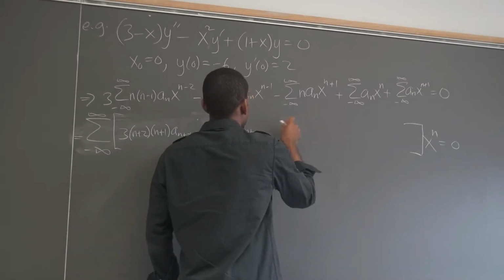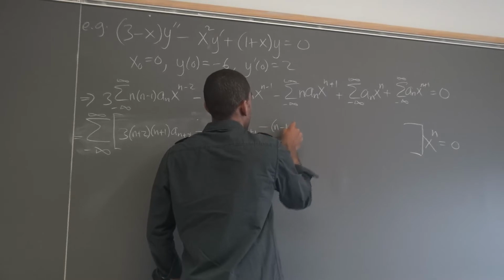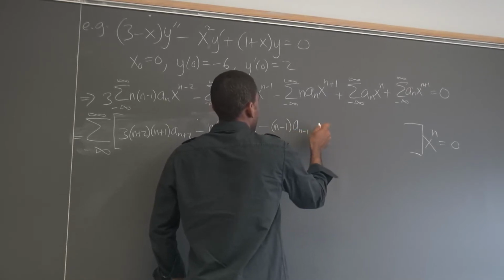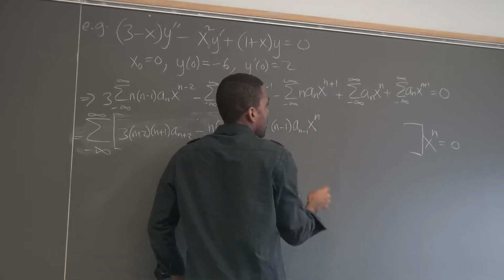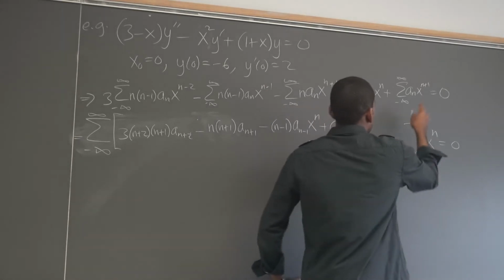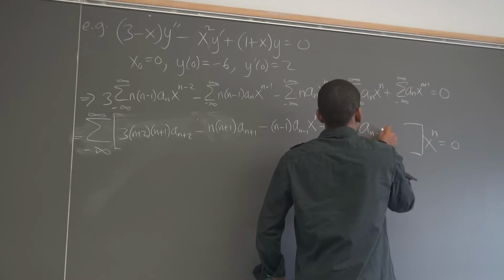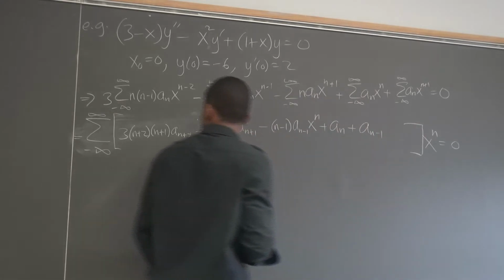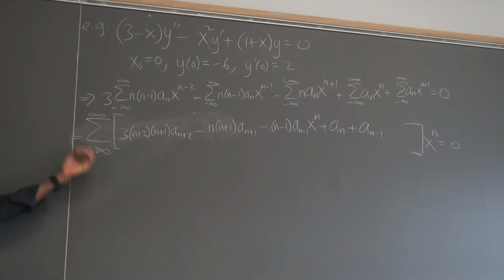Here I'm going to shift all n's to n minus 1s. Here I don't have to shift anything. Here I have to shift all n's to n minus 1s. Okay. So the indexes don't change.